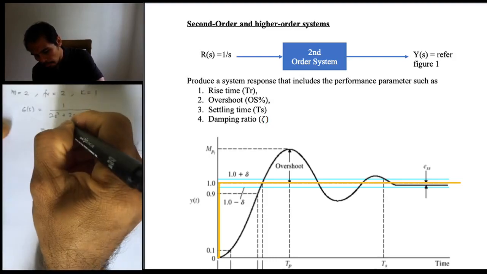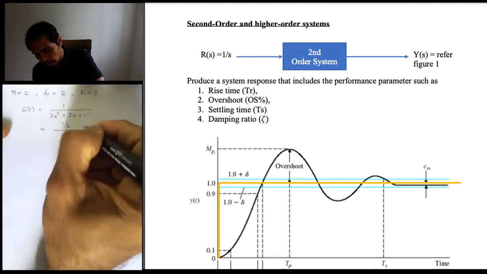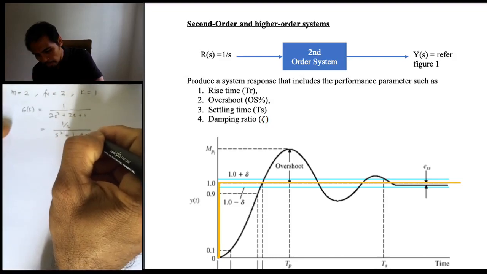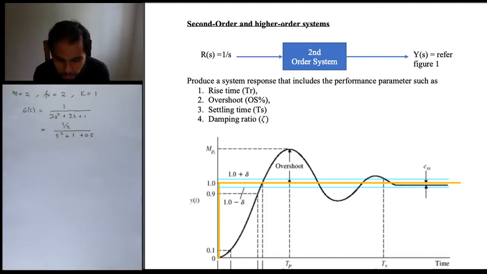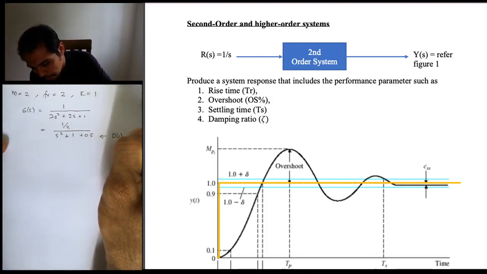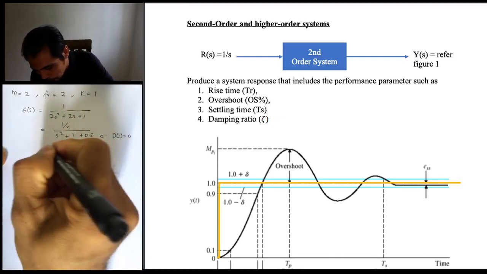Then we will simplify this: 1 over 2 over s squared plus 1 plus 0.5. Something like that, right? Okay, now we need to find the roots.